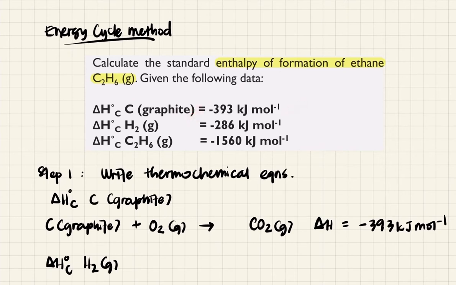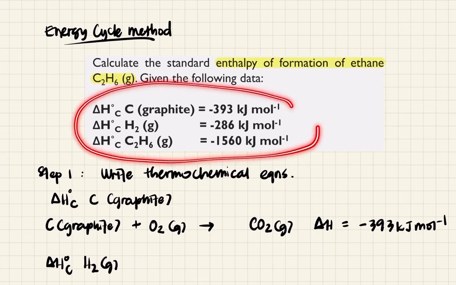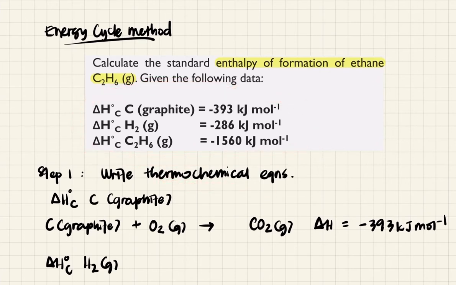This is the value. Combustion of hydrogen gas, combustion of C2H6 gas, your ethane. Sometimes they will give you the chemical equations, but in this case they did not give you, so it is very important for you to be able to write thermochemical equations, right?